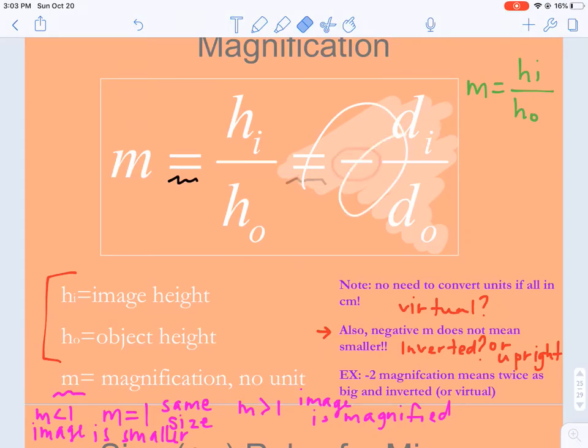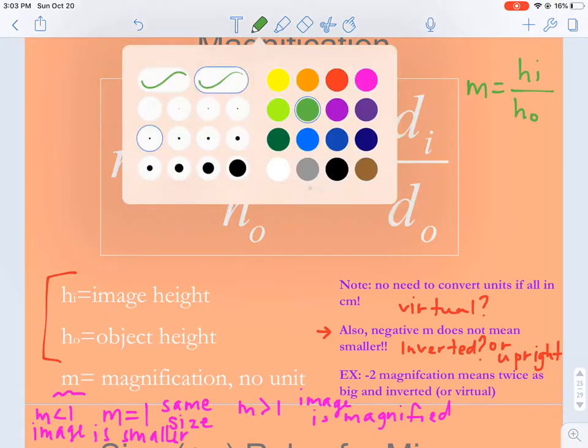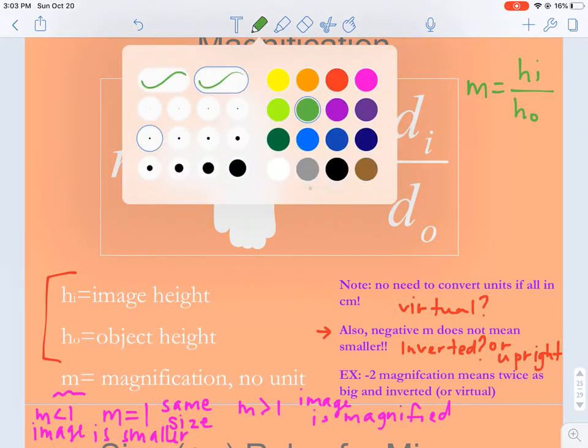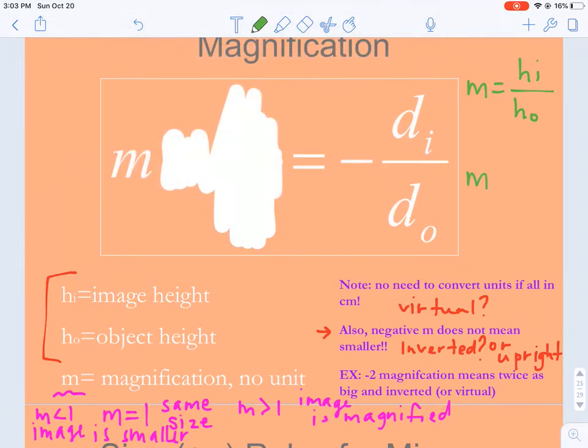The other way to write this is, let's pretend that this didn't exist. Well, now we're saying magnification equals negative di over do. And those are really the 2 equations that this magnification equation is using.